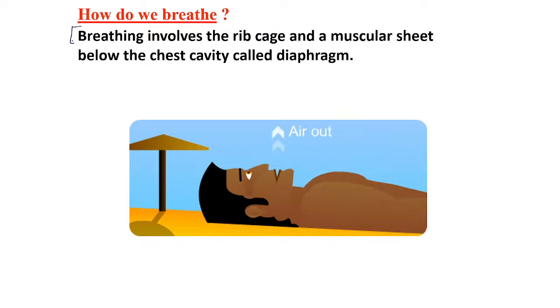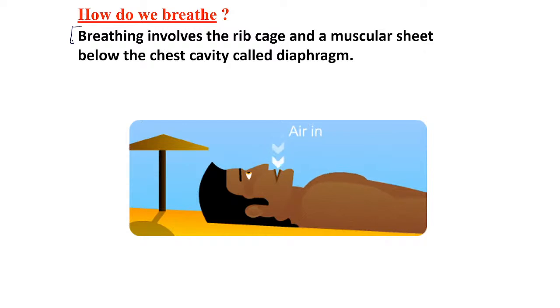When we breathe in, what happens to the chest? Yes, the chest increases in size. Now when we breathe out, what happens? The chest size gets reduced. So during breathing in, chest size increases, and during breathing out, the chest size decreases.